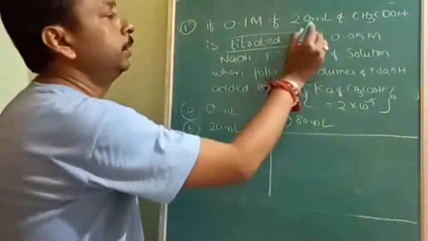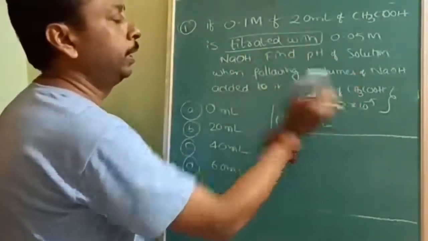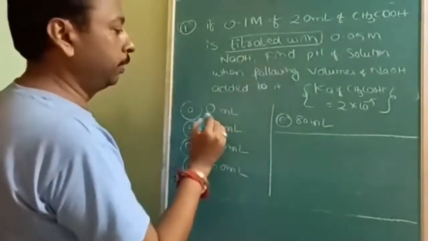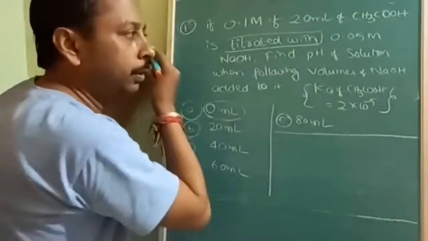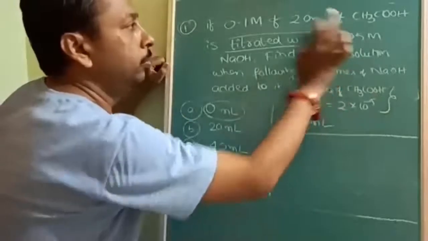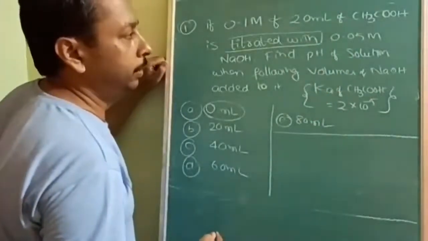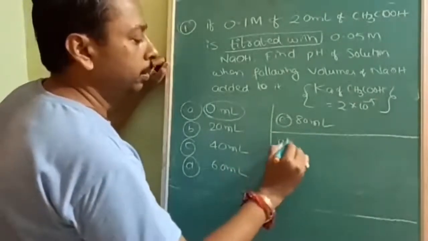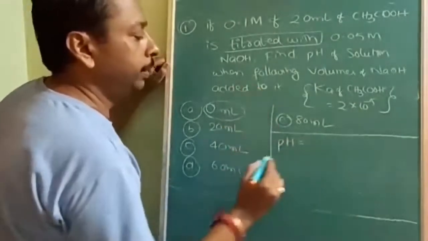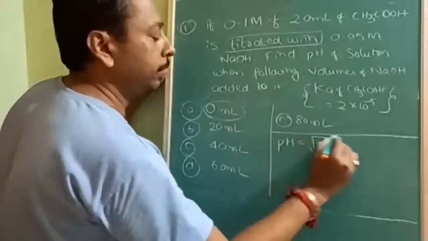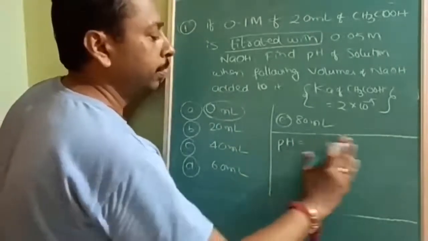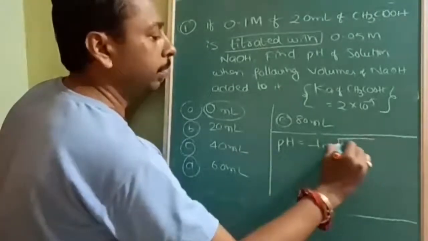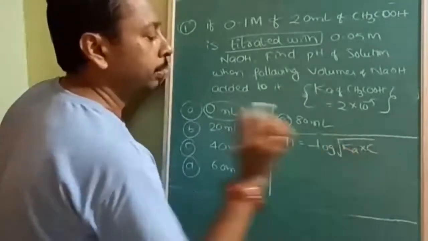So this is in the conical flask, we are adding NaOH. Understood? So first the pH when 0 ml of NaOH is added. That means only CH3COOH is there. So for the pH of a weak acid, pH equals negative log of square root of Ka into C. Is this understood?